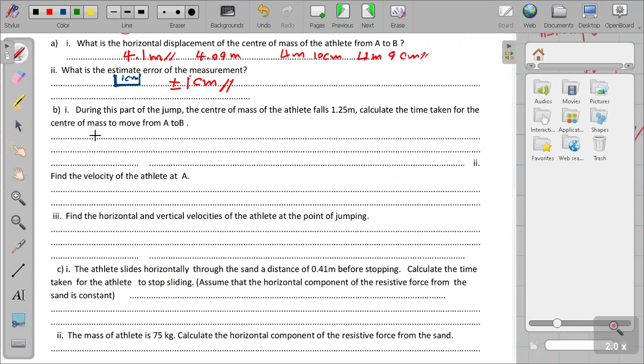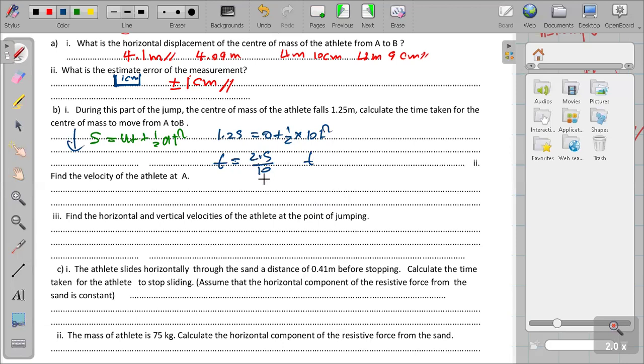So you have to solve the step like this. S equals ut plus half at square and apply the proper application downward. 1.25 equals 0 plus half into 10 into t square. You don't have to show the steps. You can show the final answer. If you really want to, you can write like this, but this step is also not needed.